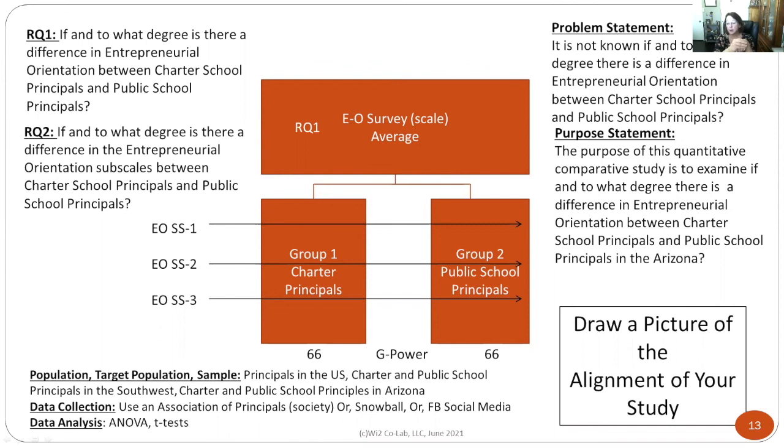You can see his purpose statement is aligned, and the language is a little bit different than a quantitative correlation. And then you look at the 2 questions we have here, and we could have 4 questions, 1 for each subscale. In this case, we did 2.